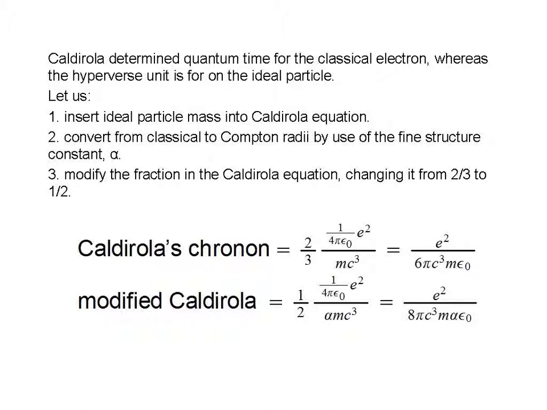So what we've done here, this is the original Caldirola chronon equation, and we've modified it. We've changed this fraction to 1/2. We've added our value for the fine structure constant. And so it makes a slight change, going from 1/6 to 1/8 with the fine structure constant added.